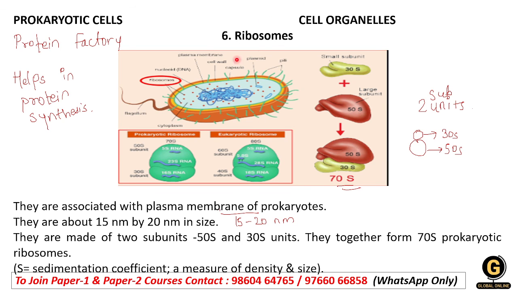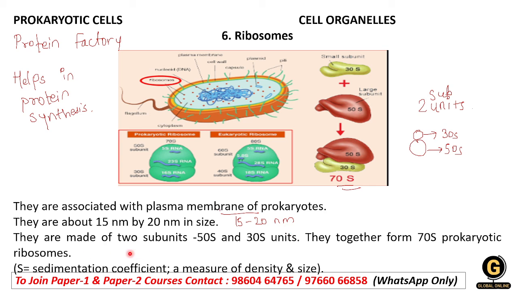Next comes the ribosome. Ribosomes are called the protein factory as they help in protein synthesis. They are associated with the plasma membrane in prokaryotes. In prokaryotes, 70S ribosomes are seen. The size of the ribosome is 15 to 20 nanometers.